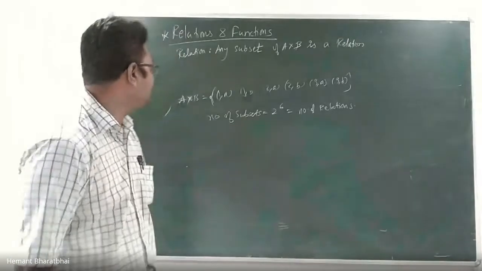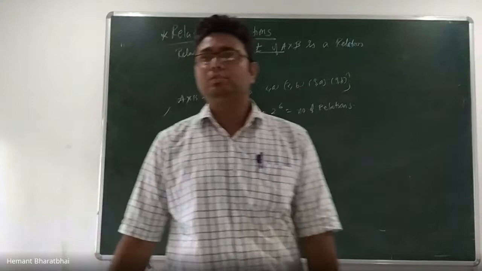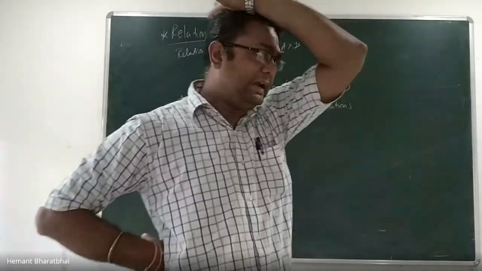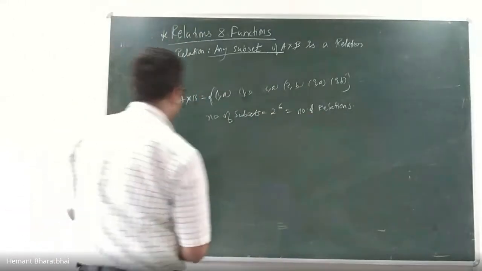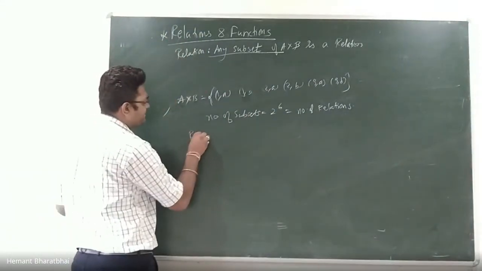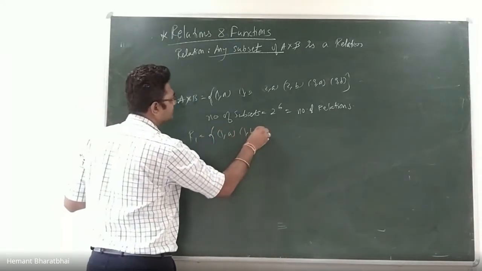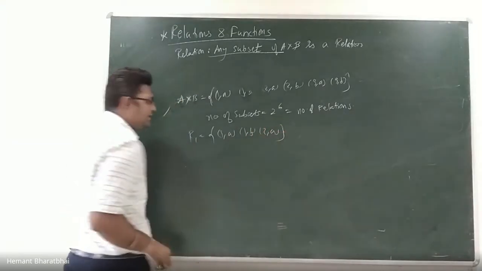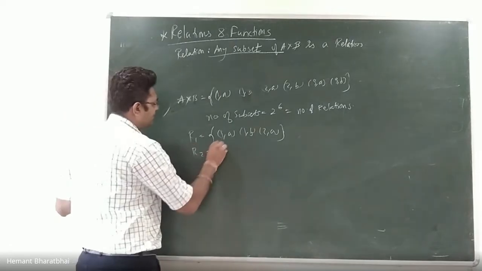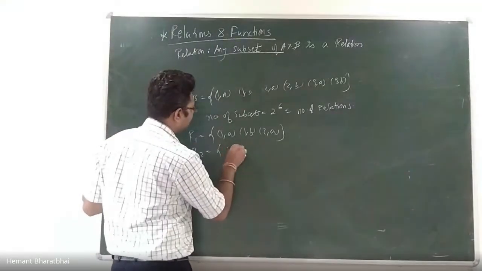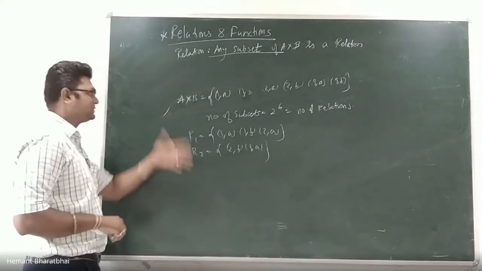Why? Because what I said, any subset is a relation. 2 raised to 6 is a big number. Writing all the relations, all the subsets, is difficult, but still we can try some of the subsets. Yes, you agree this is a subset of the Cartesian product of A and B. Suppose I write this, you will agree this is also a subset.